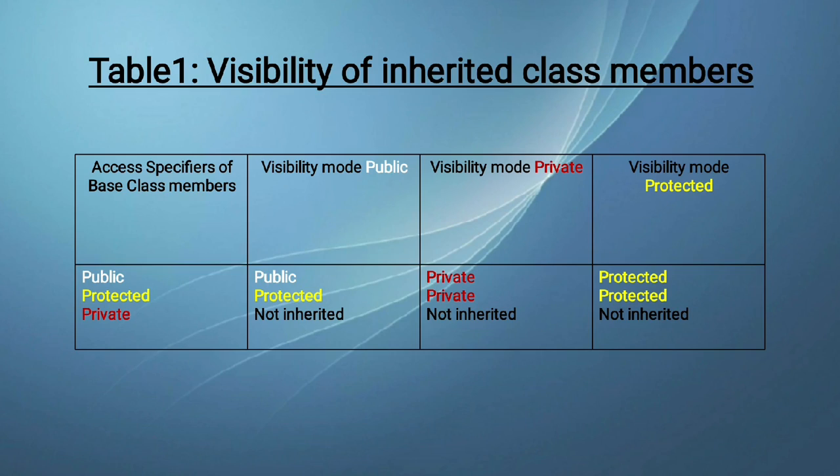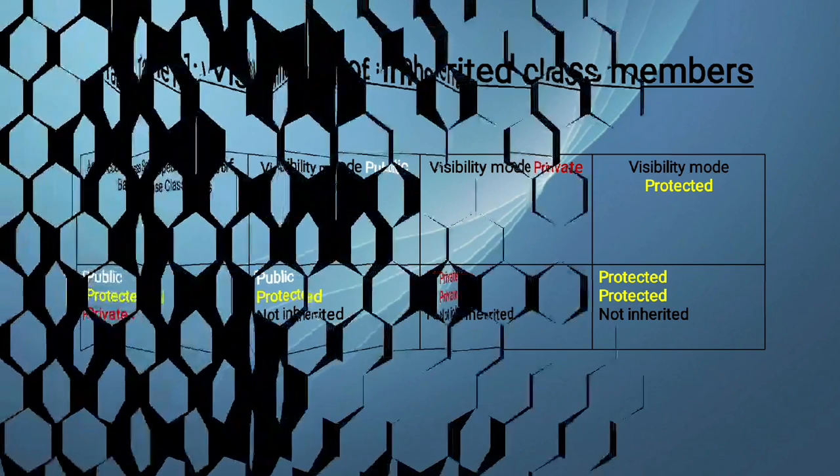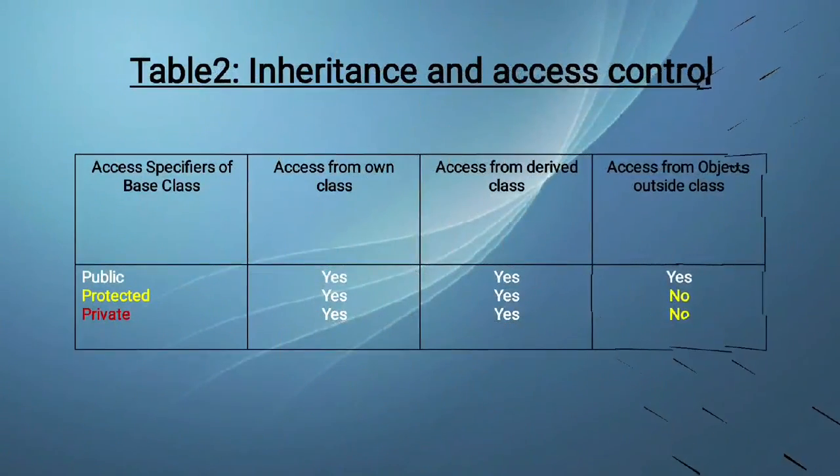Now let's move on to the next table. Table number 2, inheritance and access control. Here you have the access specifier of the base class. When it is public, access from its own class is yes. The derived class can also access the public members.